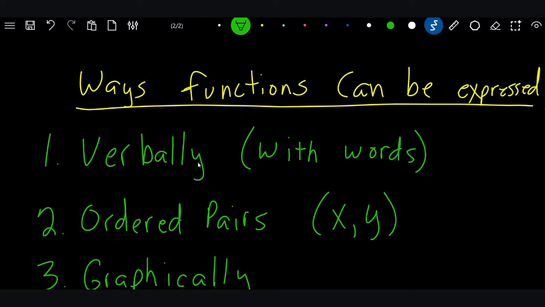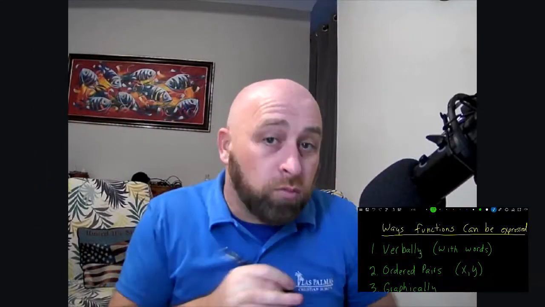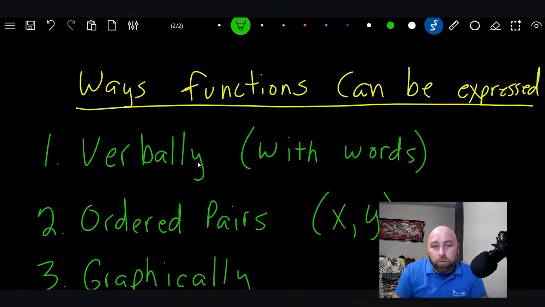Some ways that functions can be expressed. What does the word expressed mean? Well, expressed means to say something, to write something, to communicate something. So how can we communicate functions, or how are they communicated to us? How are we going to see functions? Well, the first one is verbally or with words. This could be written too. You could write out the function using words.